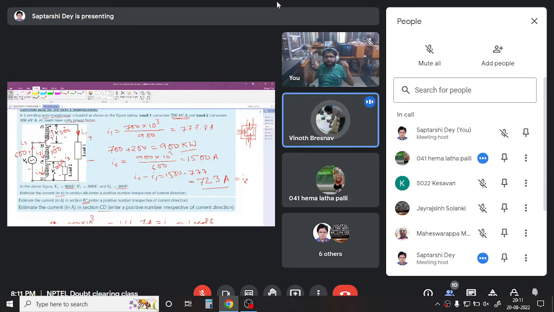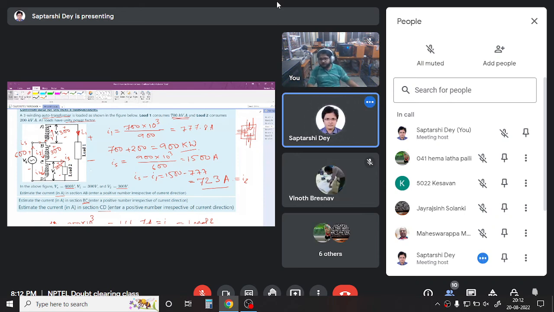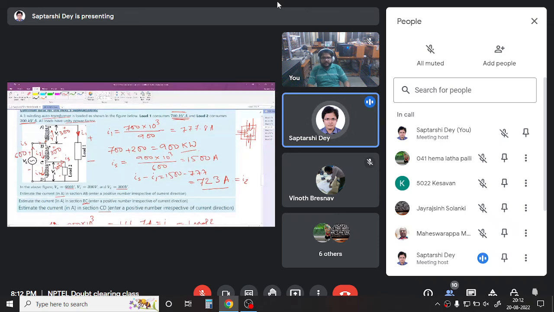Sir is saying about source current, IS. Source current, okay. See, there are two loads. One load is consuming 700 kilowatt, the other load is consuming 200 kilowatt, and both the loads are at unity power factor.